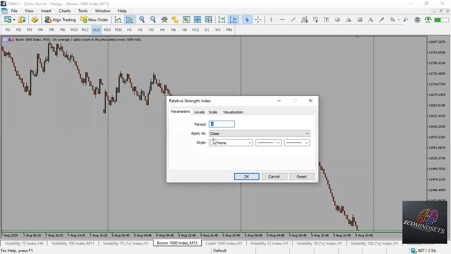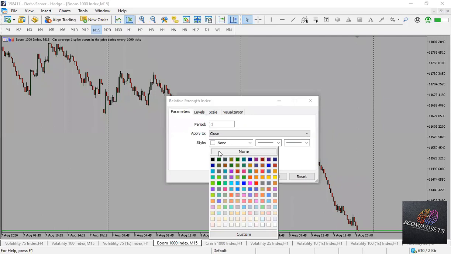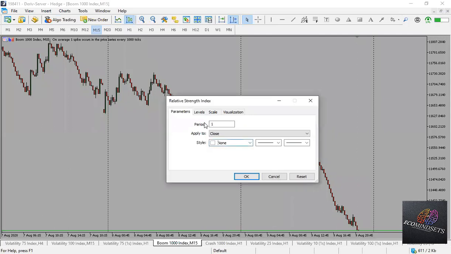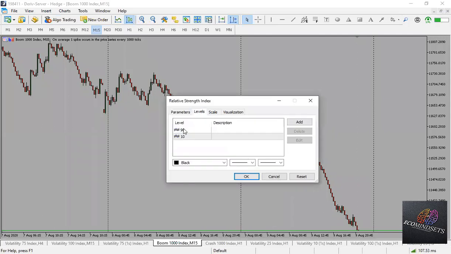The period should be 1, applied to Close. For the style, select no color because we are not going to need it. The levels should be 90 and 10. When you are done, you click OK.